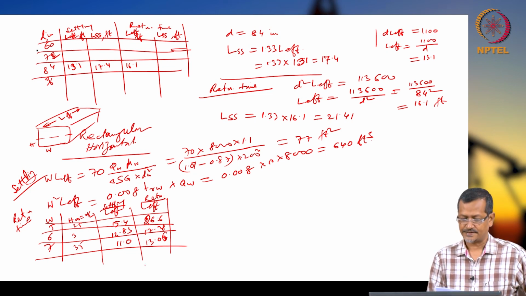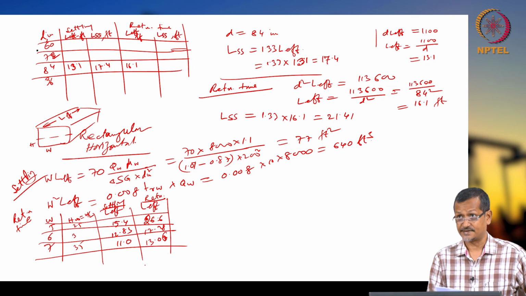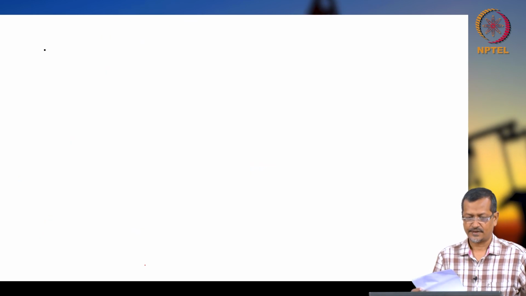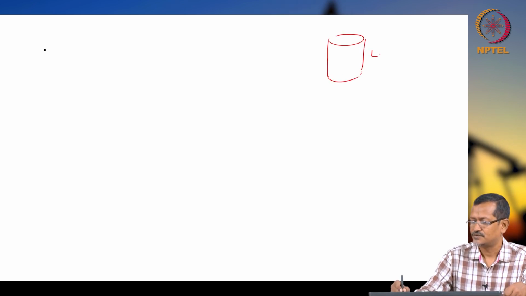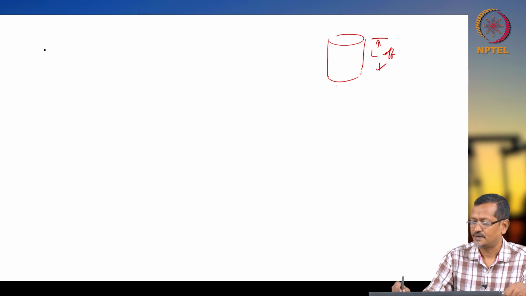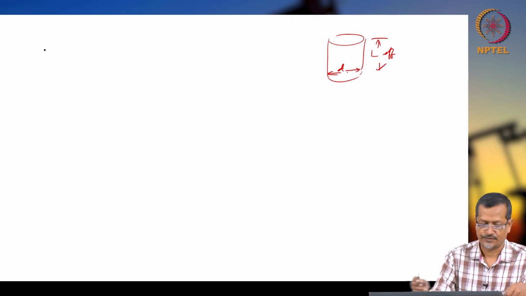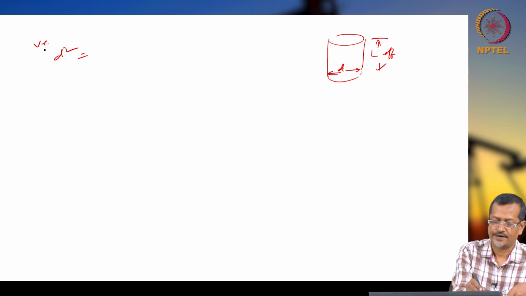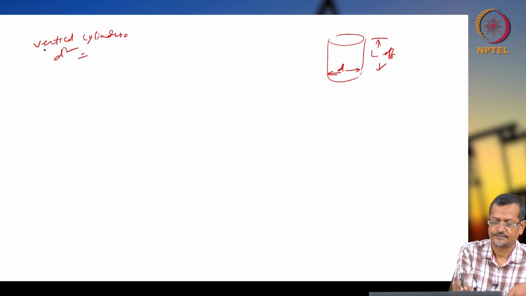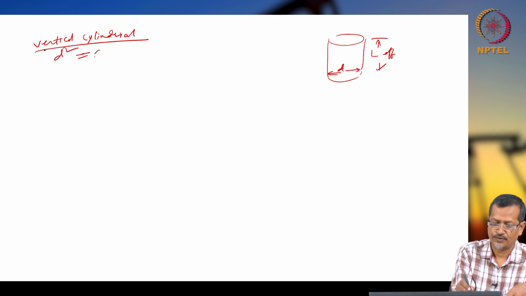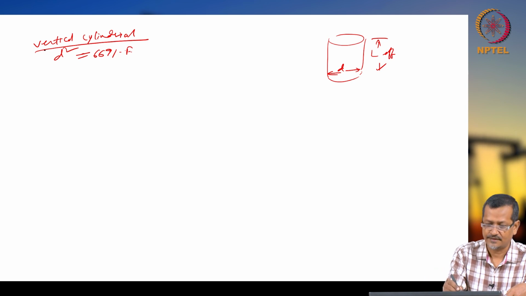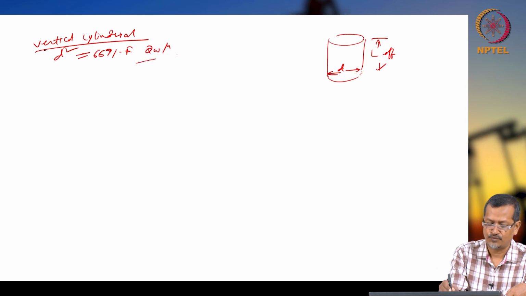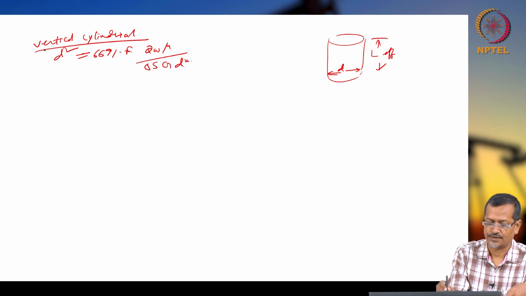So we will go to the vertical cylindrical skimmer. That formula we also know. The vertical cylindrical skimmer will look like this, right. So L effective and diameter we know. So D square for vertical cylindrical, formula we know: 6691, and an F term also comes in because of the factor. Q W mu over del S G d m square.